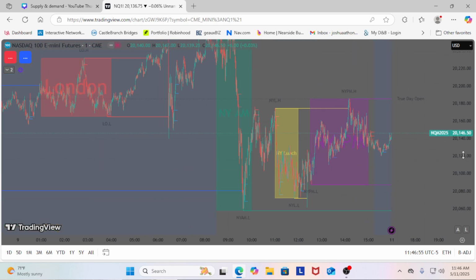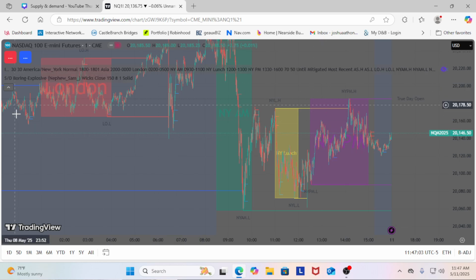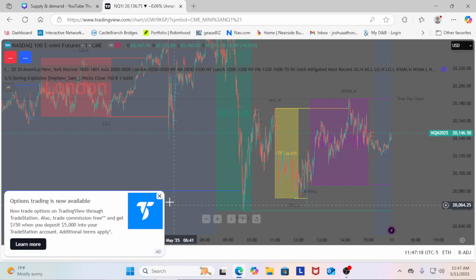All right, guys. Since you are at the end of the video, I'm going to show you what this indicator is called. Here it is right here. It's got to be all capitalized and it has to be spelled the exact way this is spelled. S/D, boring explosive. That is the indicator name, guys.